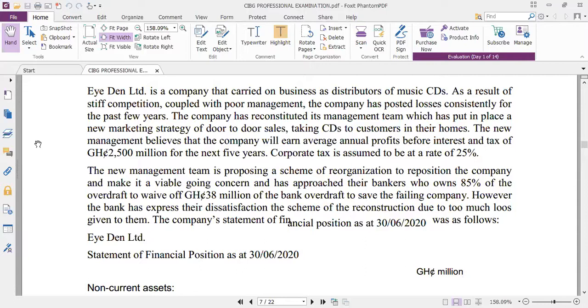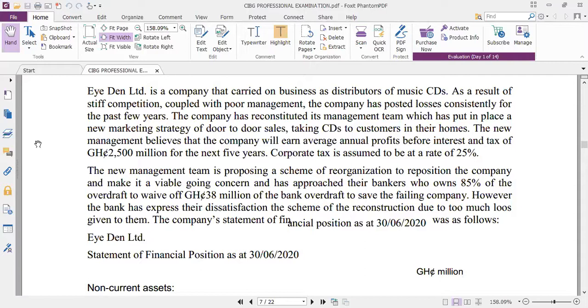The company has reconstituted its management team, which has put in place a new marketing strategy of door-to-door sales, taking CDs to customers in their homes. The new management believes that the company will earn average annual profits before interest and tax of 2,500 million for the next 5 years. Corporate tax is assumed at the rate of 25%.